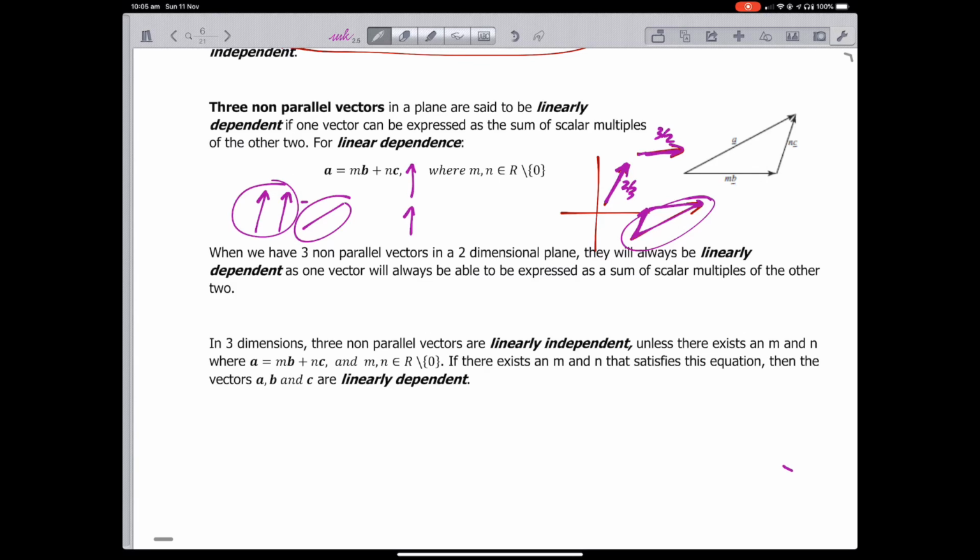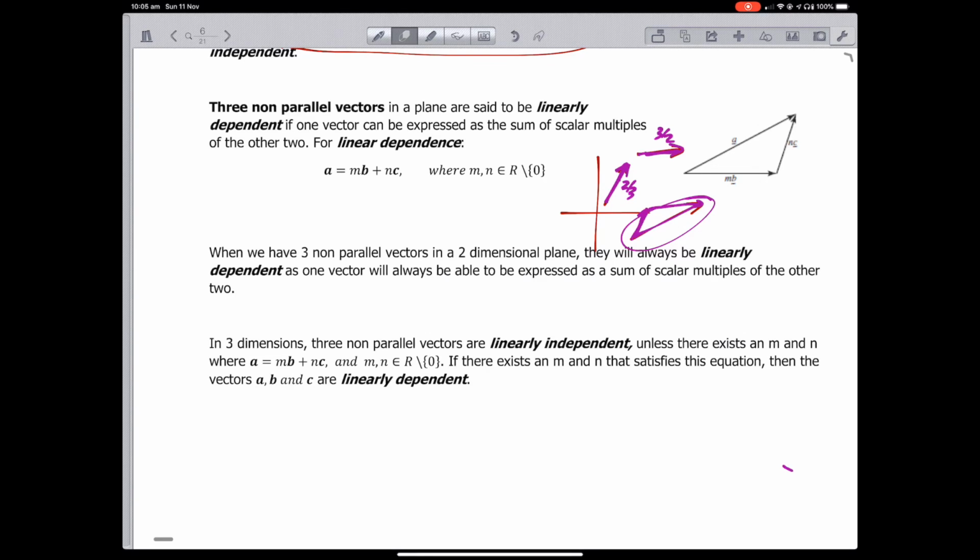The only way that these two could make this is if this was a zero vector, because it would have no length, and then I could make it a scalar multiple of that. But as a set of vectors, they wouldn't be linearly dependent.